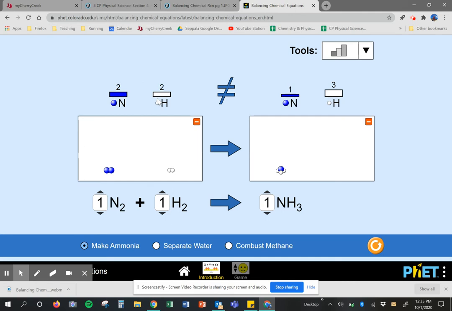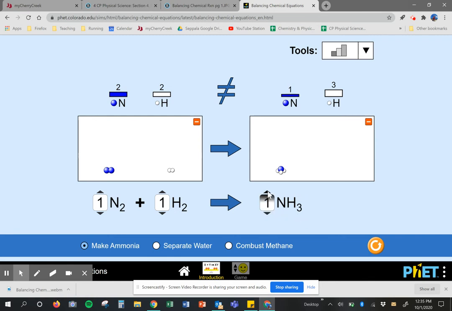Even though the total number of atoms on each side is both 4, this isn't good enough. We need to make sure that the nitrogens on each side are the same, and the hydrogens on each side are the same. So in order to go from 1 nitrogen to 2 nitrogens, I can change the coefficients. I can't change the subscripts, but I can change the coefficients.